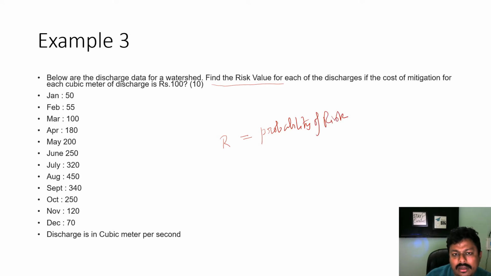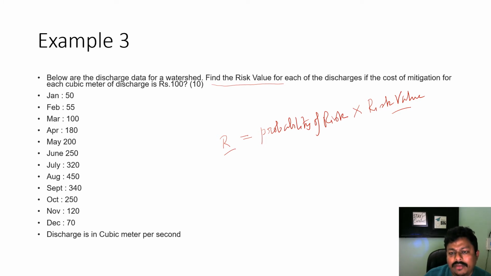right, multiplied by the risk value. Now this risk value is either predetermined, predefined. If it is predefined, then just calculate the probability of risk and multiply the value with it. You will get the final risk value of the failure.